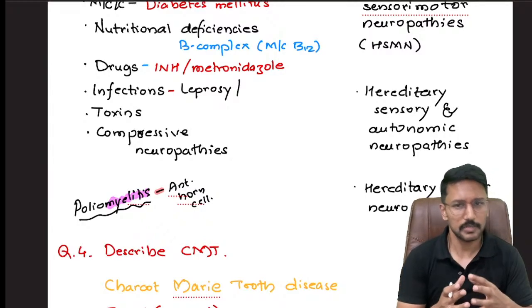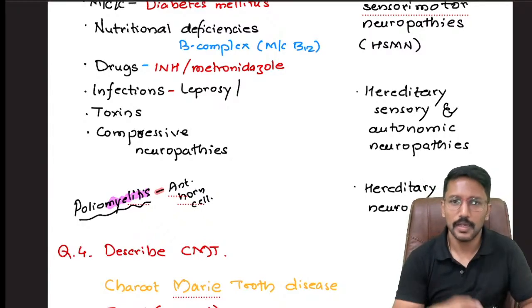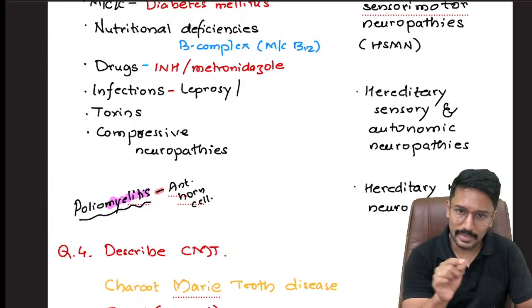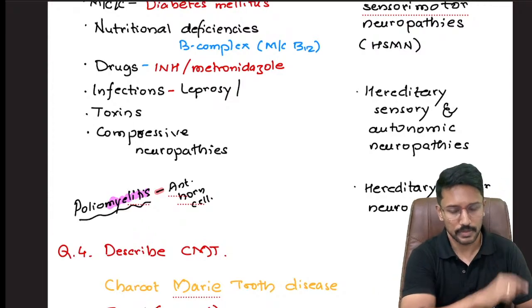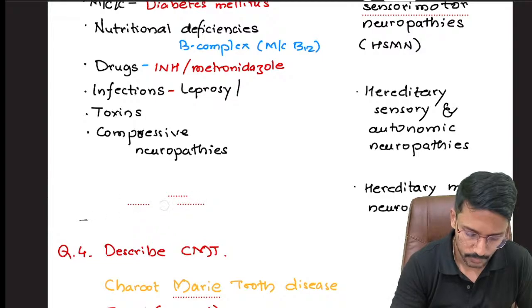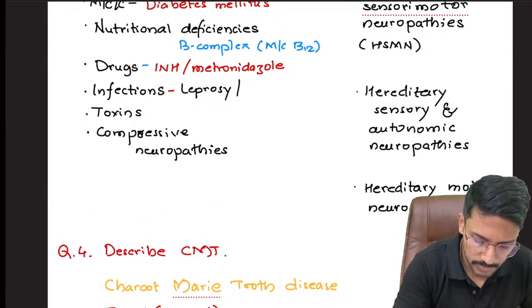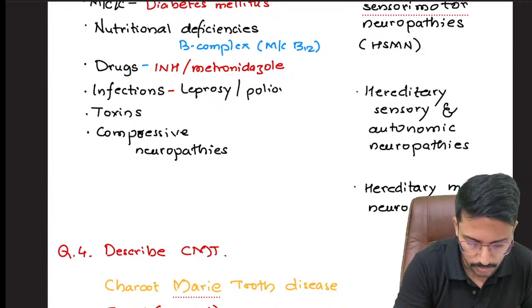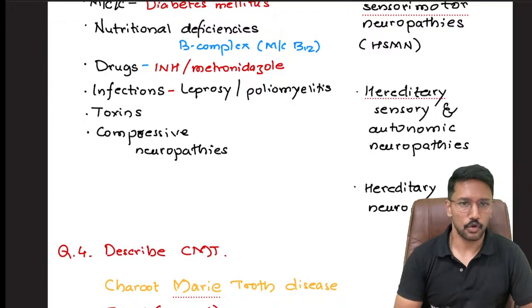So poliomyelitis is primarily a lower motor neuron disease affecting anterior horn cells and the course of the nerves. That is why it is a disorder affecting peripheral nerves too. So polio is also something that you can quote under infections causing neuropathies.